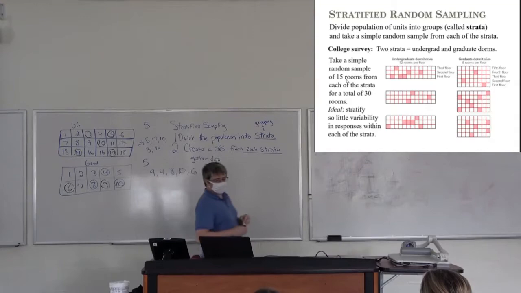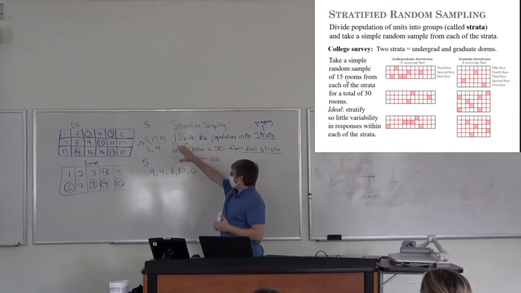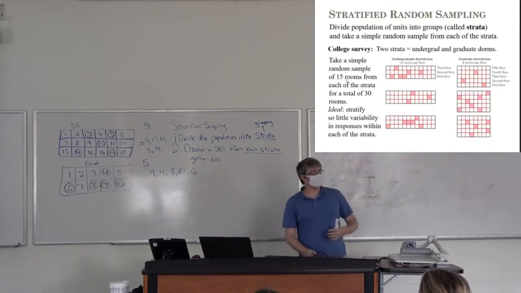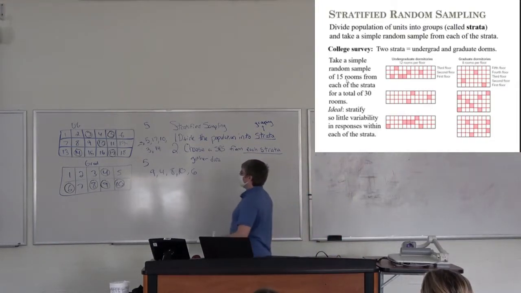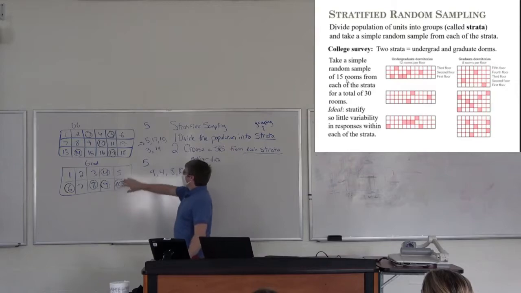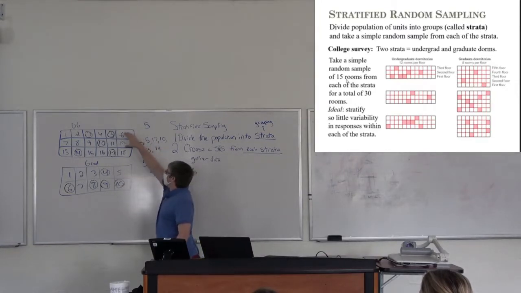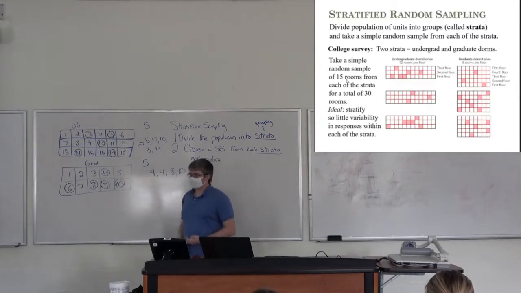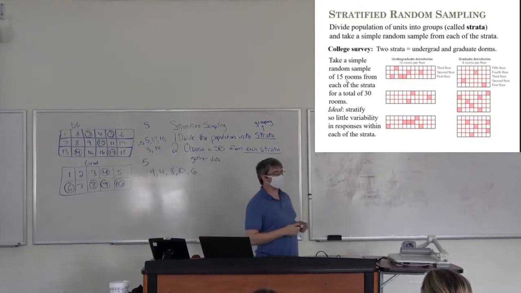And so now, instead of just getting these, I have a balance between undergrads and grads in my survey, compared to if I was just going to do a simple random sample, I would have a higher likelihood of selecting more people from my undergrad group than my grad group. Does that make sense?